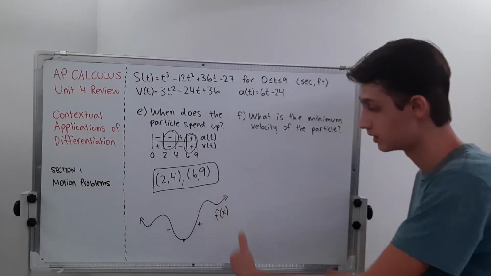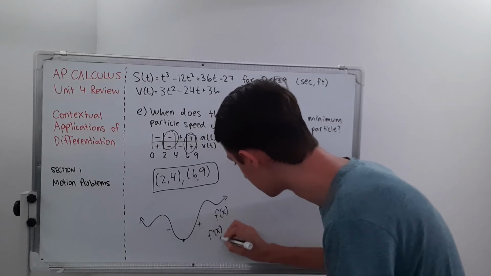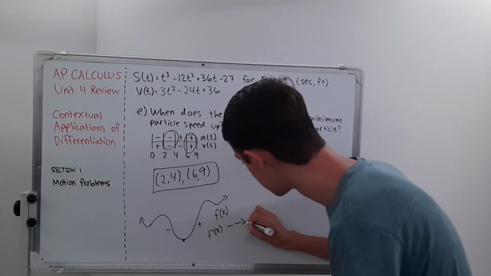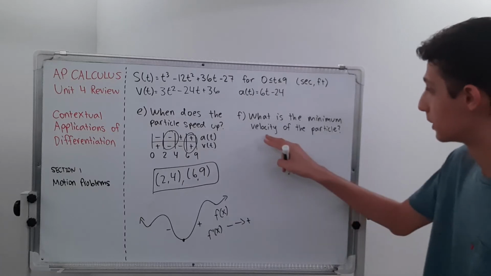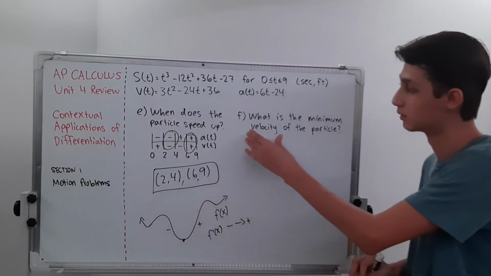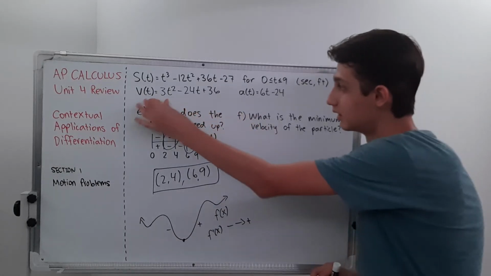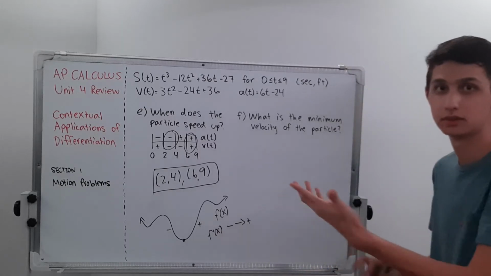Your absolute minimum is where your f prime of x goes from negative to positive. That's it. In this case, we want the minimum velocity, not the minimum position. So we want the derivative of velocity, which is acceleration, and we want to find where that goes from negative to positive. And that's it.